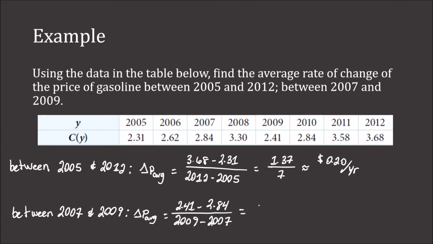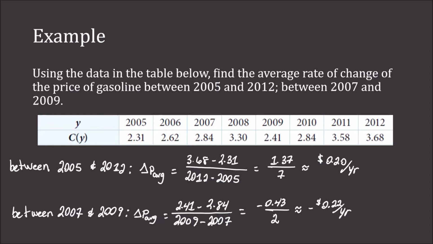So we get negative 0.43 divided by 2, and this winds up being about negative $0.22 per year.